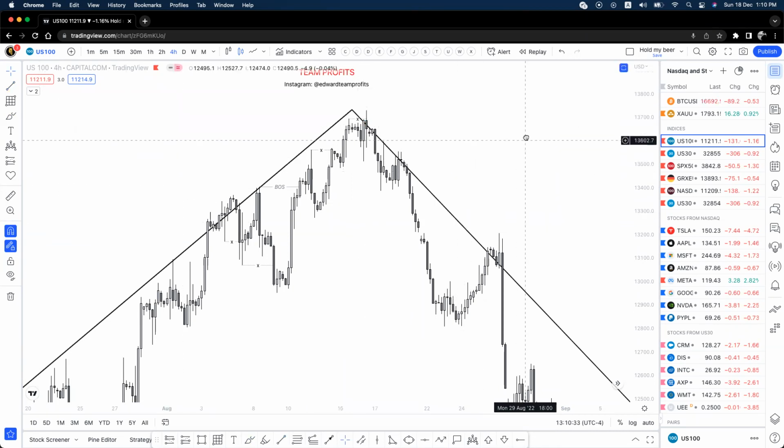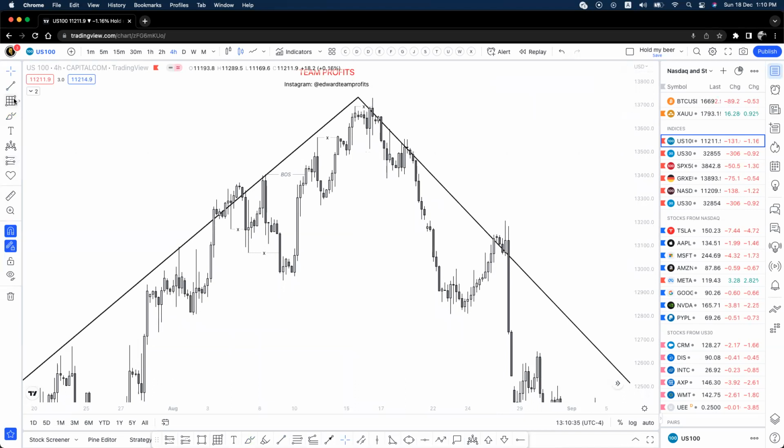Then it starts breaking. Where's my confirmed lower low? My confirmed lower low so far would be this one, because that's the one that caused the BOS after the inducement. So all this structure right here is just noise, and just inducement to the upside. There is no break of structure or confirmed lower low. So my confirmed higher low, I'm sorry, is this one.